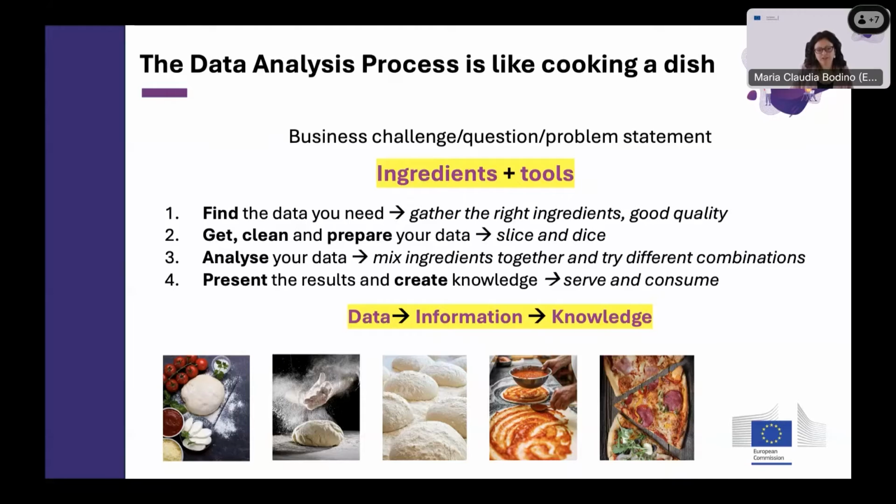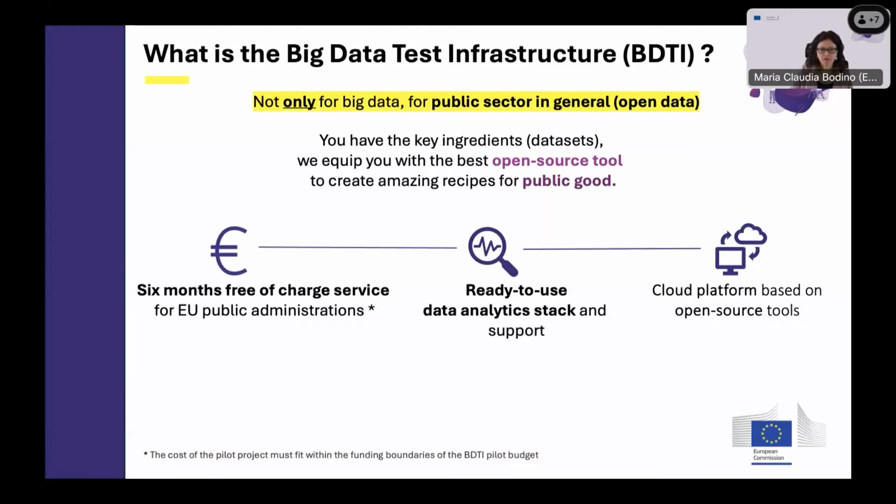If we go to the next slide, you can see in a very short presentation what this big data test infrastructure is. We just mentioned that in order to do data analytics, you need good tools and good ingredients. Together with good tools and good ingredients, you can really start developing use cases. And that's what we are offering.